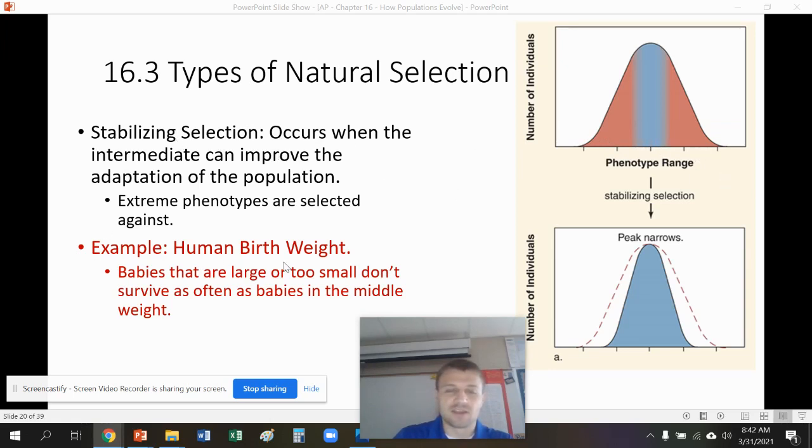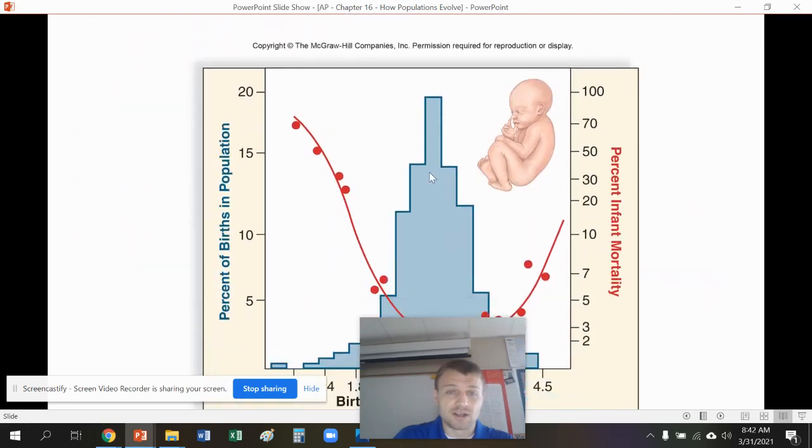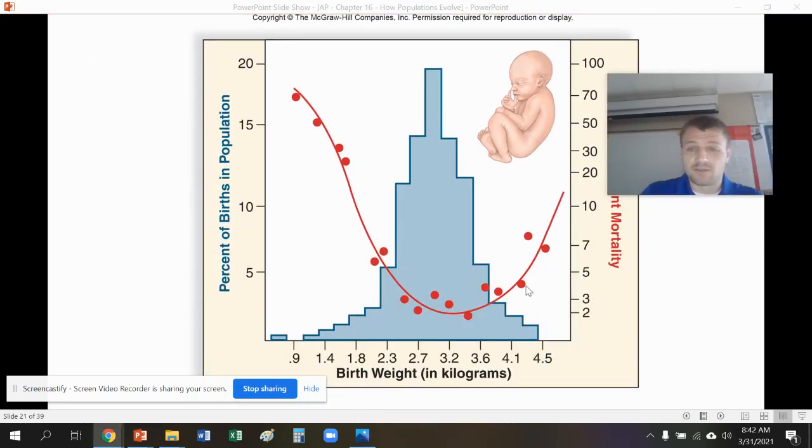And the example I give is human birth weight. It's not very advantageous to be very heavy when you're born or very light. The death rates there are very high compared to the death rates of an average baby. You can see here the death rates for being very large or very small are a lot higher because there are a lot more complications in pregnancy, and this is not a good thing.